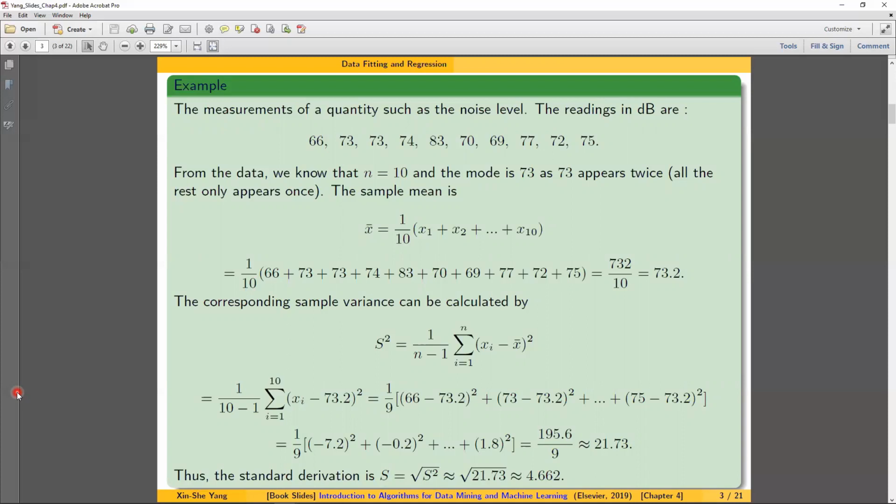S squared equals 1 over n minus 1 times the sum of these quantities, and you get the sample variance of 21.73. And then the standard deviation would be the square root of this quantity, which is the square root of 21.73, equal to 4.662.